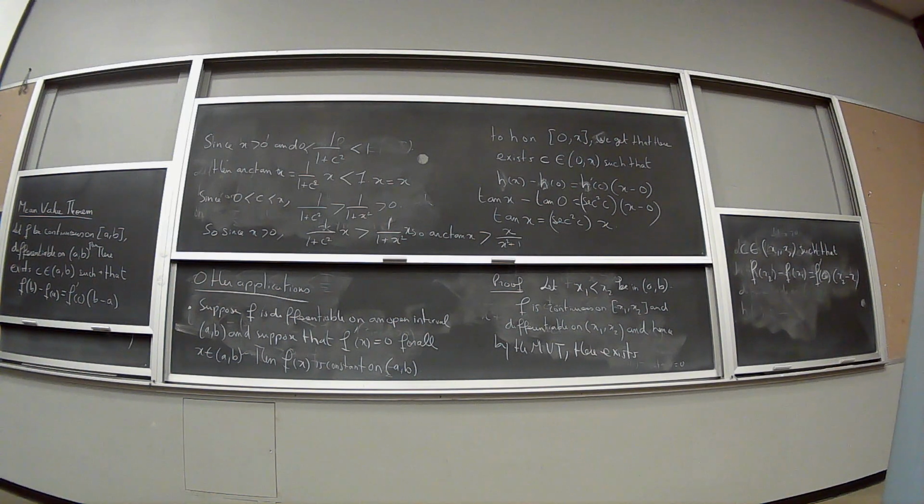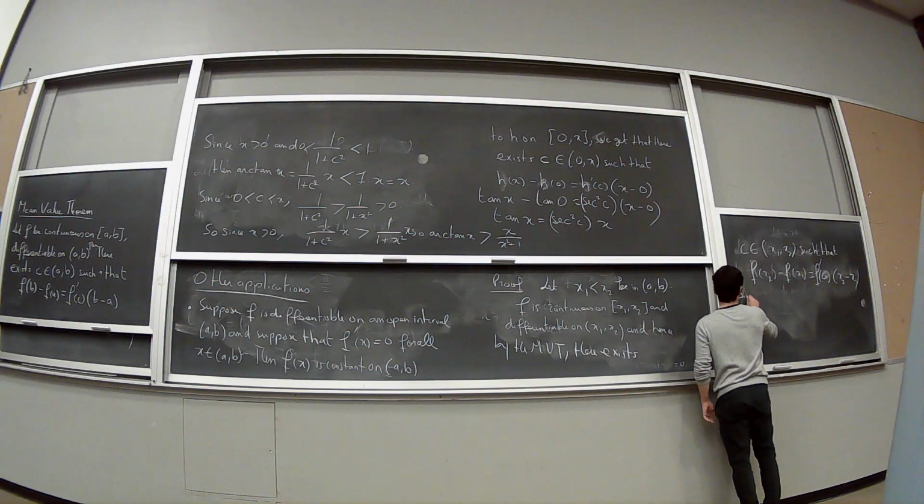Now notice something. f of x2 minus f of x1 is f prime of c times x2 minus x1. Now what is our assumption about f prime? That it is 0 on the open interval AB. So what is f prime of c? Everybody, what is f prime of c? 0.